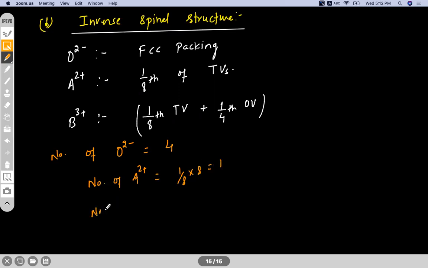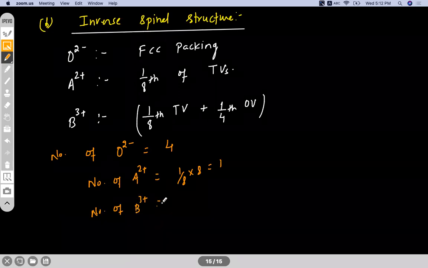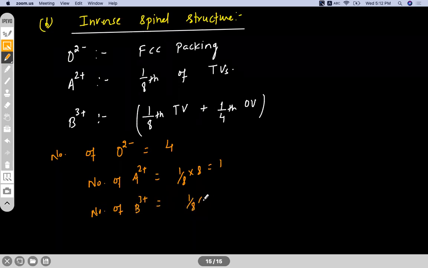Number of B3+ is 1 by 8 into 8 plus 1 by 4 into 4, and that is 2. Hence for this also, the molecular formula is AB2O4, but the arrangement of the trivalent ions here is different.